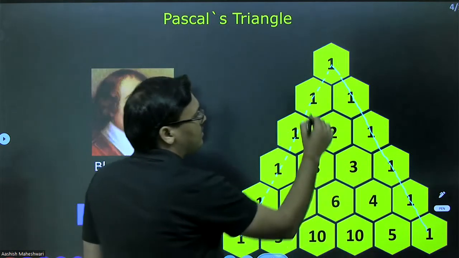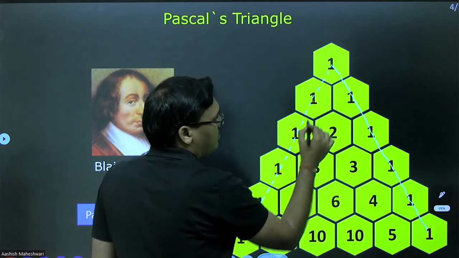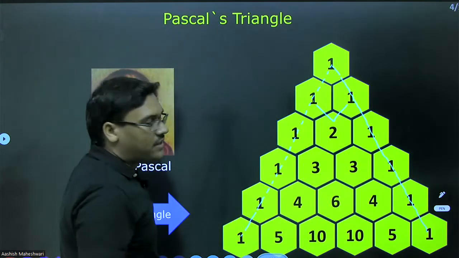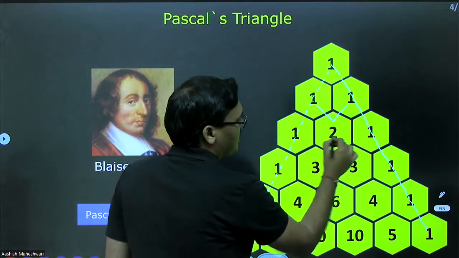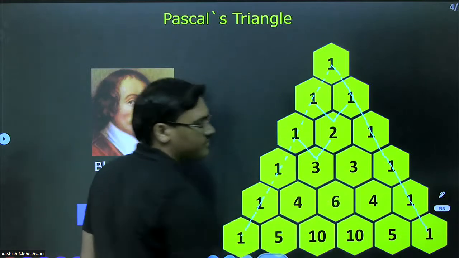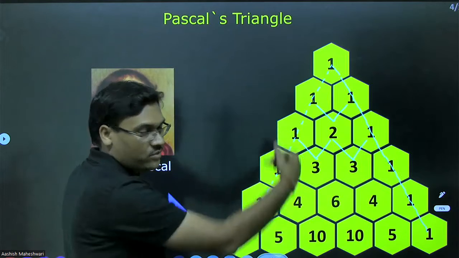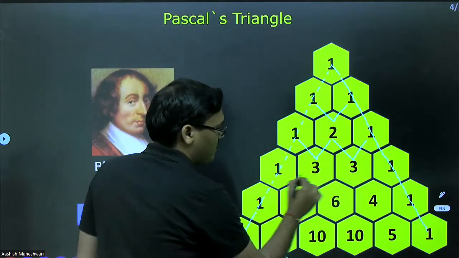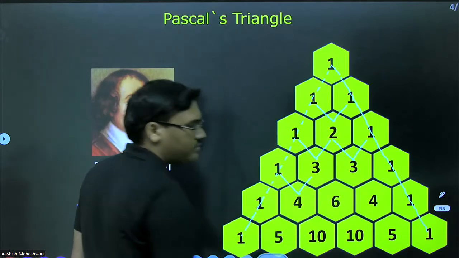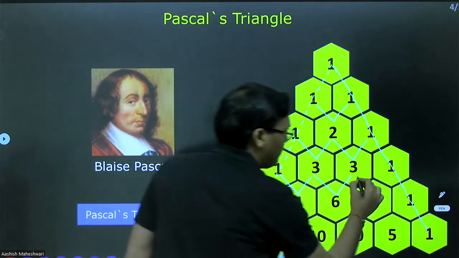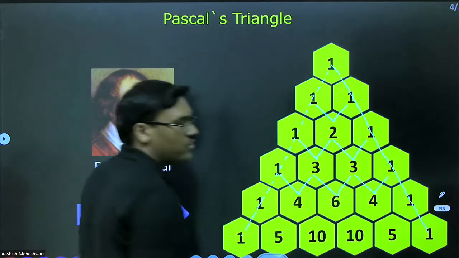Now see, 1 plus 1 will give you 2. Now 1 plus 2 is giving you 3, and 2 plus 1 is giving you 3. I'm just going down. Then 1 plus 3 will give you 4, 3 plus 3 is giving you 6, and 1 plus 3 is giving you 4.